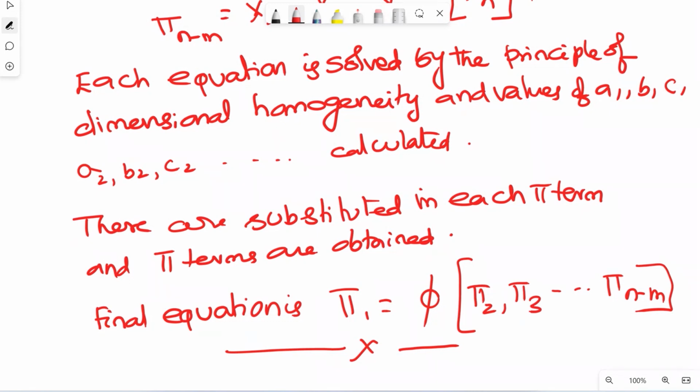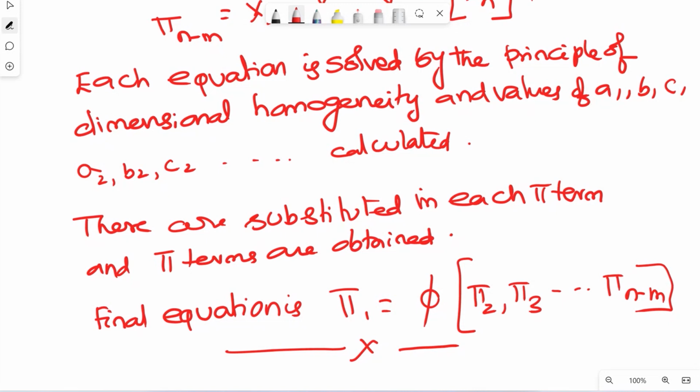What do you mean by n? N is the total number of variables in a problem. And what is m? M is the number of fundamental dimensions, that is mass, length, time, 3. So in any problem, the total number of pi terms is equal to n minus 3. That is the first thing, right?